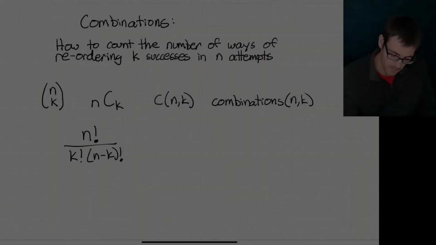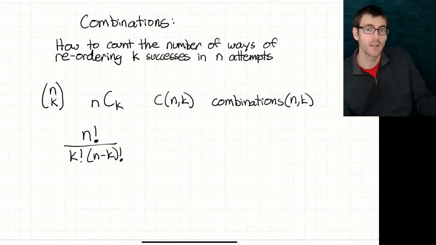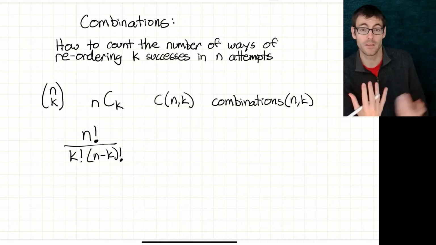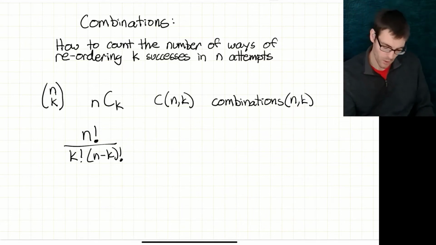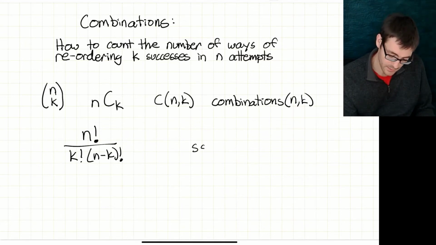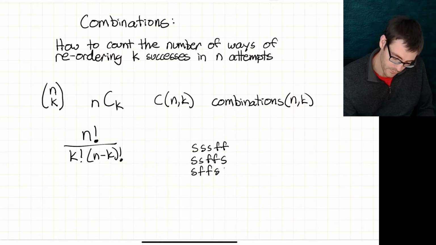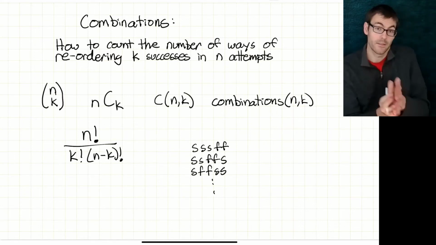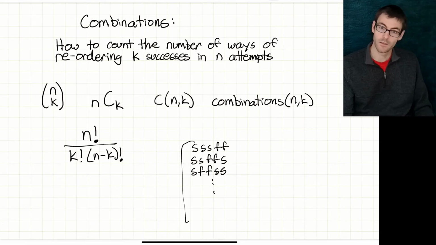So for example, in the shooting 5 shots example that I was just talking about, if we're talking about the different ways in which I could make 3 of them, well, I could have a success, success, success, failure, failure, or maybe some other order, etc. And there are a lot of these. One thing we could do is list them all out.